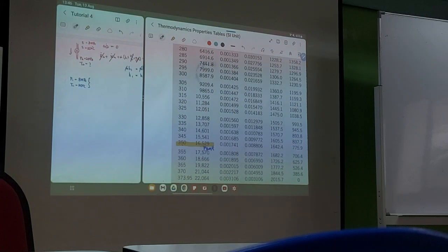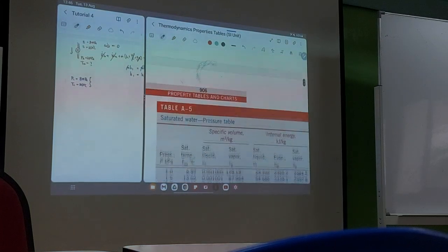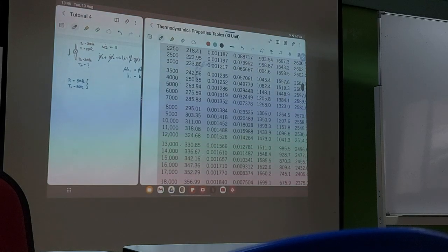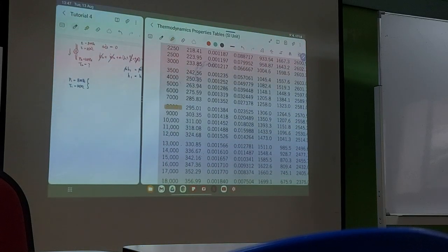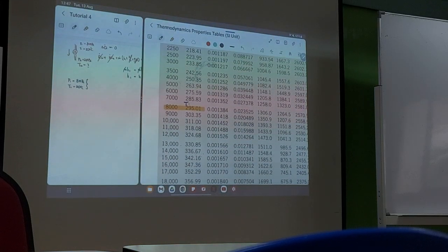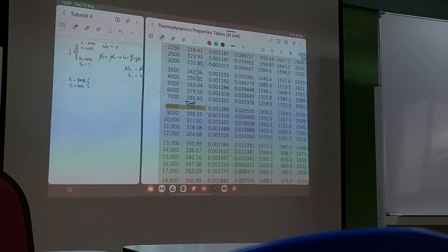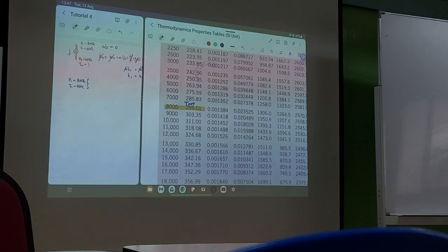Okay, let's look at it the other way around. Let's go to 8 megapascal. At 8 megapascal, the saturated temperature is 295, and what you have is 350. So it is superheated vapor. Compressed liquid, remember, pressure should be higher, that's why you call it compressed liquid.